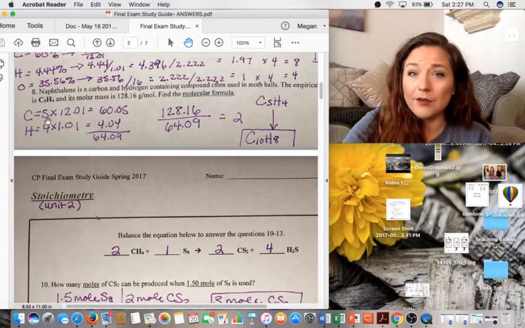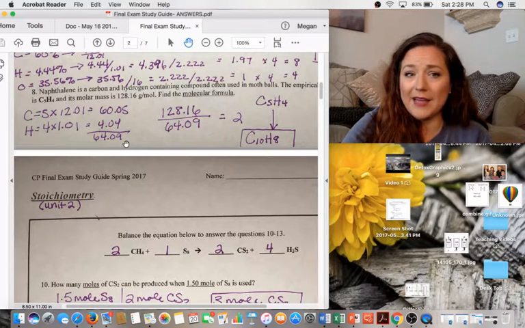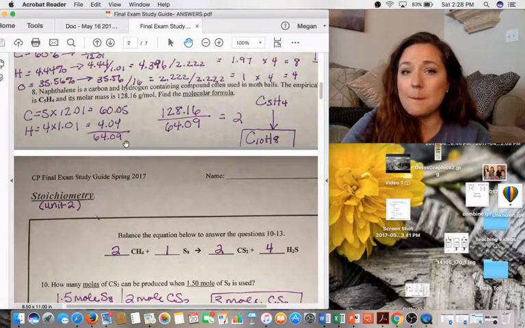The empirical formula is C5H4. Again, look at your periodic table. I take C5H4 times the AMUs, and I get a total of 64.09. That's the empirical molar mass.